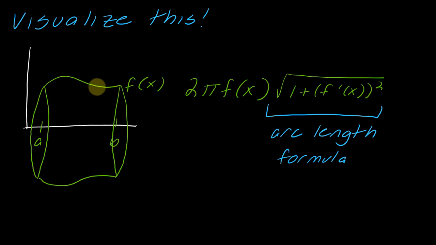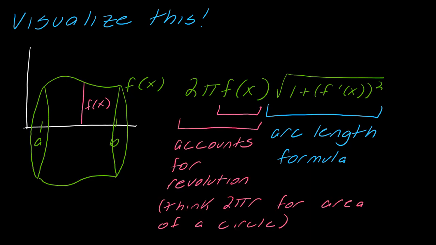This will capture just that boundary, but then how do I capture the fact that the boundary is moving around? Well, that is going to be this other part of the formula. This f of x, from here to here, is going to be f of x. So this 2 pi f of x is going to account for that revolution.